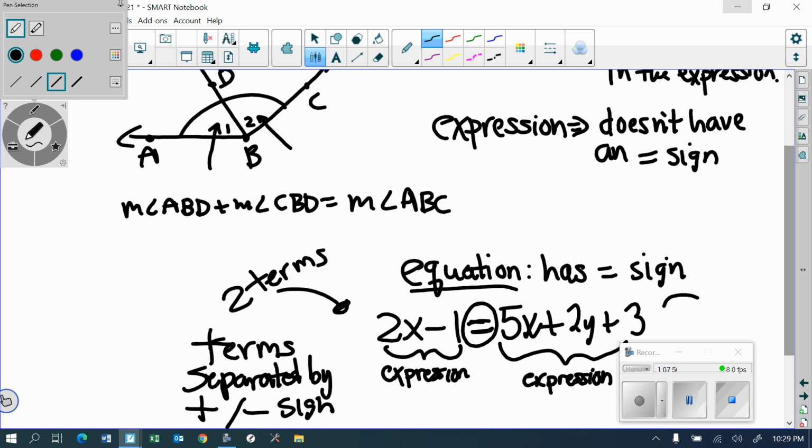This side I have three terms: 5x, 2y, and positive 3. So an expression is made up of one or more terms. An equation is two expressions equal to each other. Know that. You're supposed to have known that for years now. That's the only time we're going to go over this.